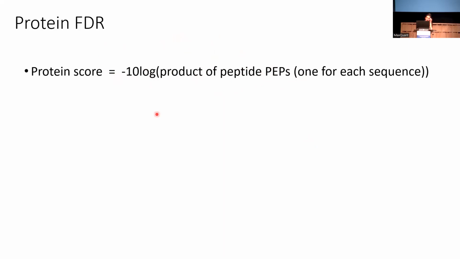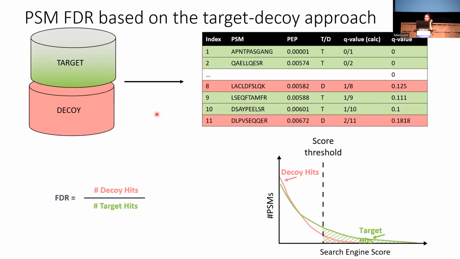Then we do exactly what we did here. We sort the protein list by the protein score, and then we find the value that gives us 1%, or whatever percent FDR you want.